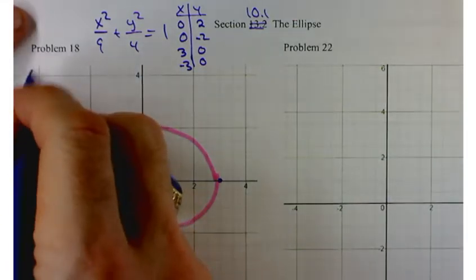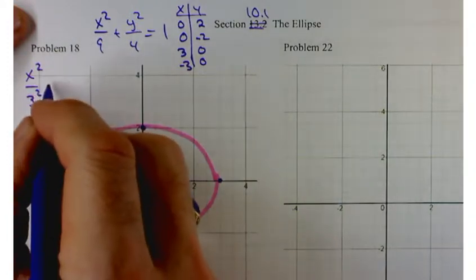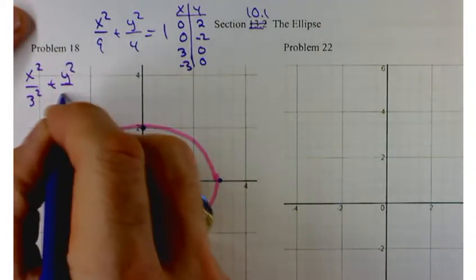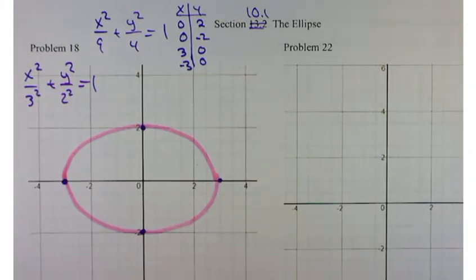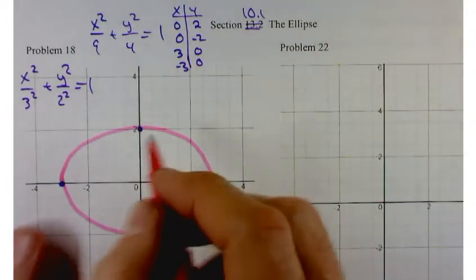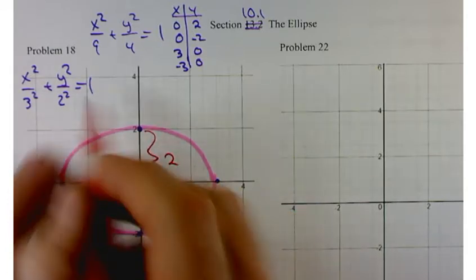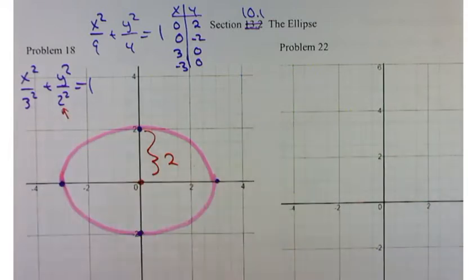And you can see that a little bit better if instead of writing this as x squared over 9, I wrote it as x squared over 3 squared plus y squared over 2 squared. And in this fashion, you can see how to find your vertices without actually setting x equals 0 and y equals 0. This distance away from the center is 2, and that corresponds to that 2 right underneath the denominator.